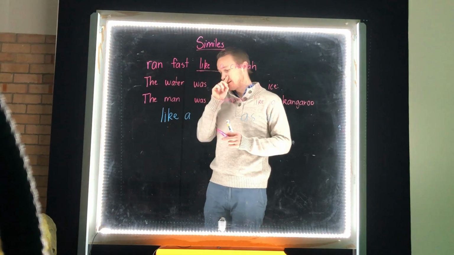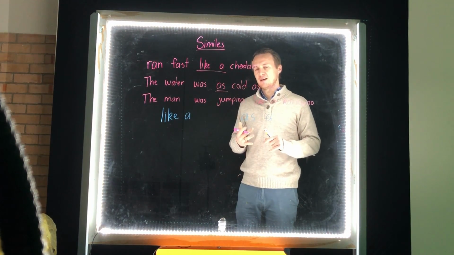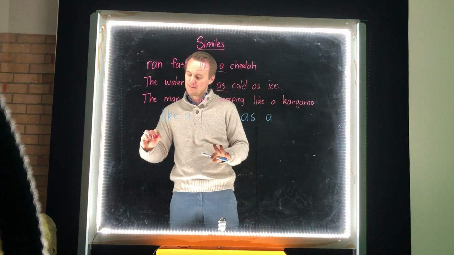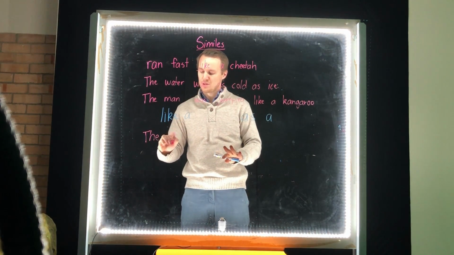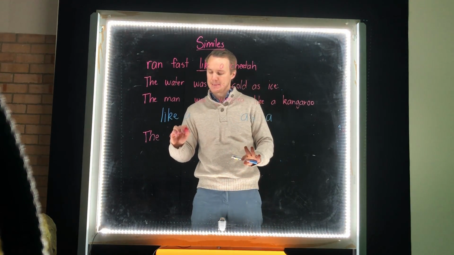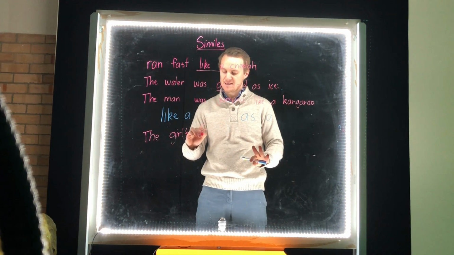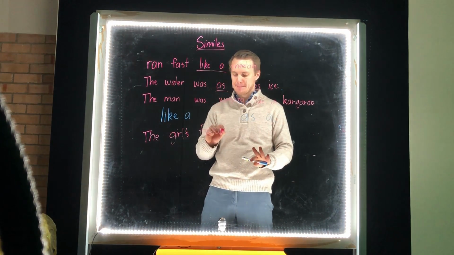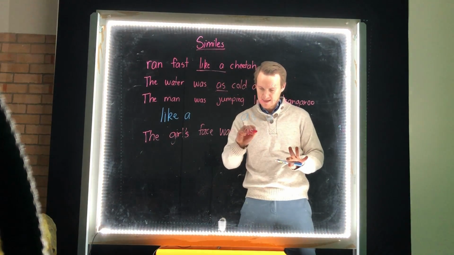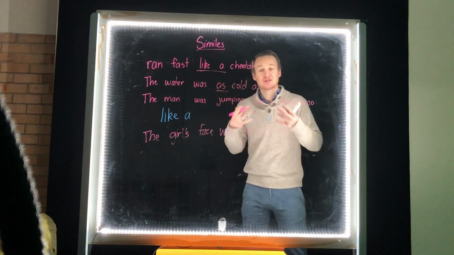Okay, so let's think of one more. I'm going to put one up on the board. I'm going to give you 10 seconds to think about it, and then we're going to go through it together. Okay, so we have the girl's face was as red as, because she's really nervous.